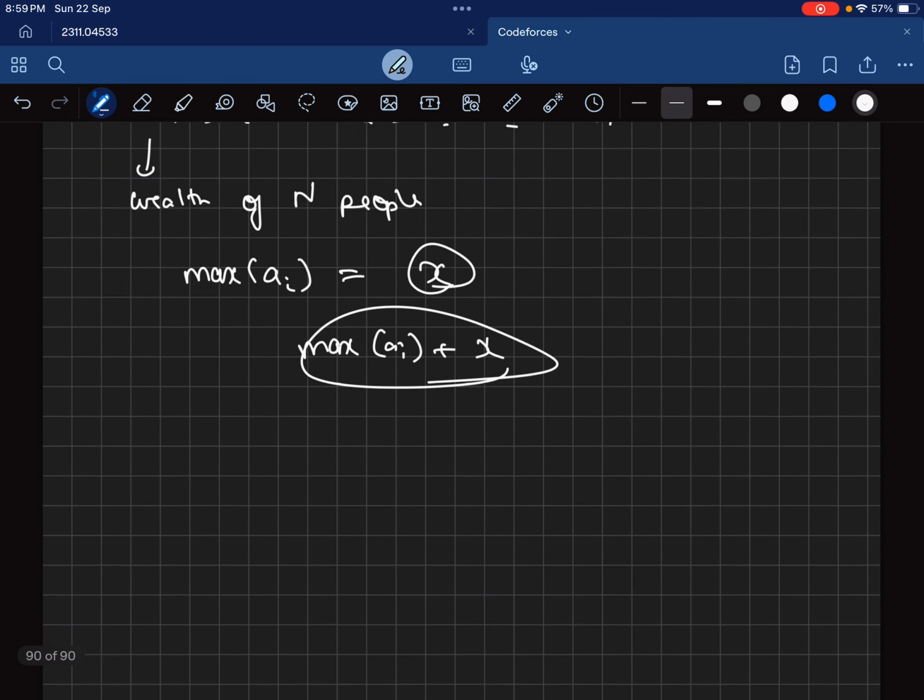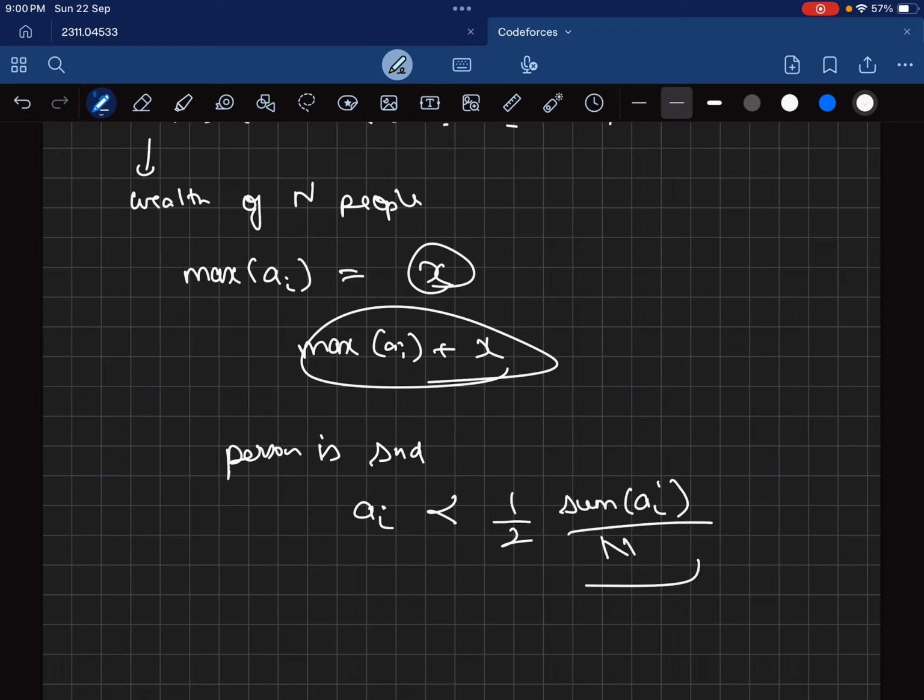Now a person is sad, or dissatisfied, whatever we call it, if his wealth is strictly less than half of the average.